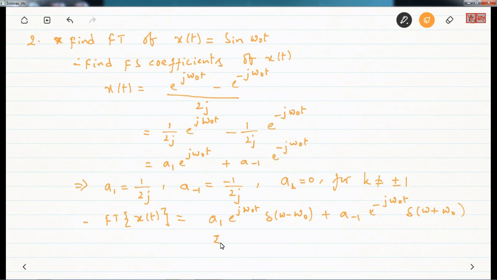I'm simply applying this formula, the sum over k from minus infinity to plus infinity of 2 pi a_k delta(omega minus k omega naught). I have only a_1 and only a_minus1. When I put k equal to 1, it would be omega minus omega naught. When I put k equal to minus 1, it will be omega plus omega naught.